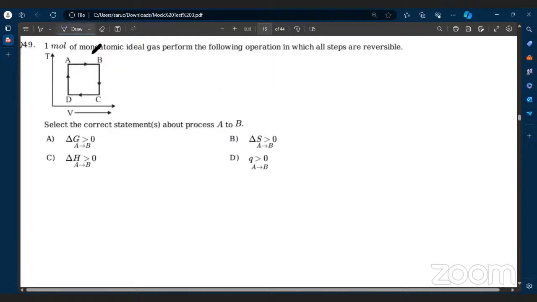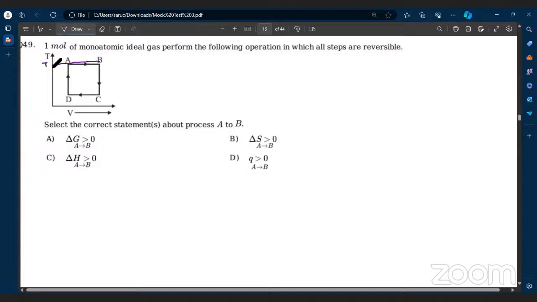1 mole of monoatomic ideal gas performs the following operation in which all the steps are reversible. What is the correct statement about the process A to B? Delta G is greater than 0, delta S is greater than 0, delta H is greater than 0, Q is greater than 0. Process A to B. Here you can see that the temperature is remaining constant.